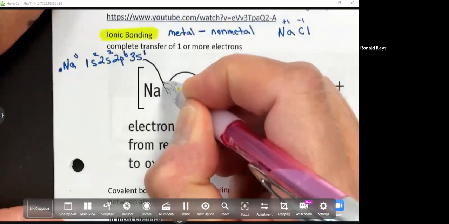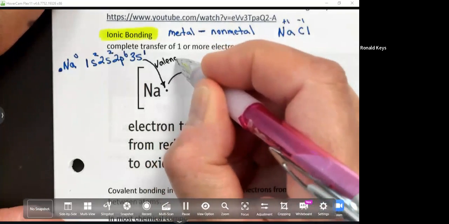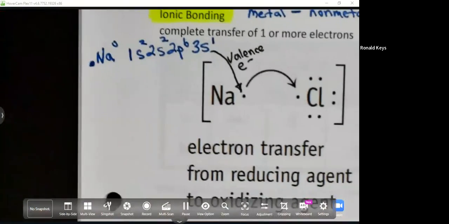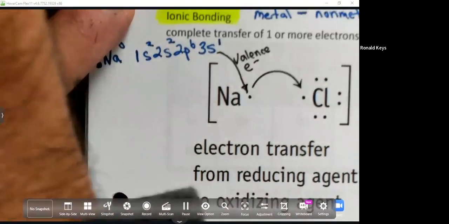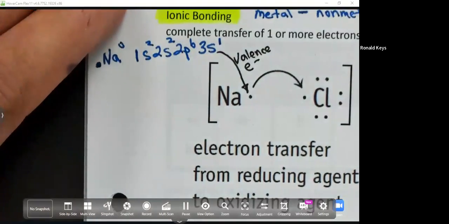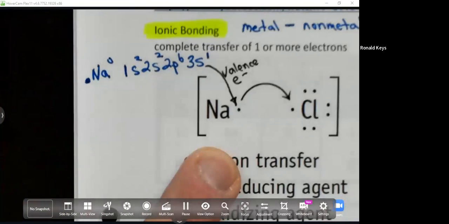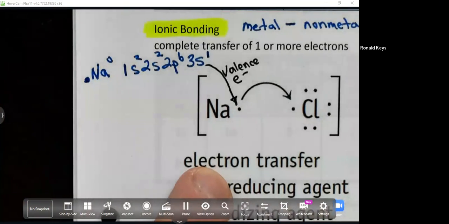Here's our one valence electron, right? That's a valence electron. But we know sodium wants to get rid of that one valence electron, correct? For sure, to become more stable, to have the same electron configuration as the noble gas, right?